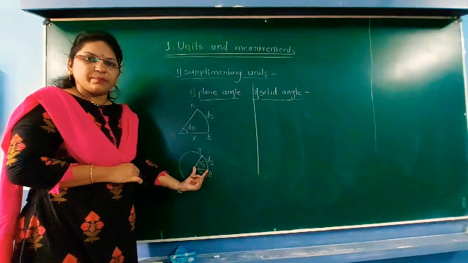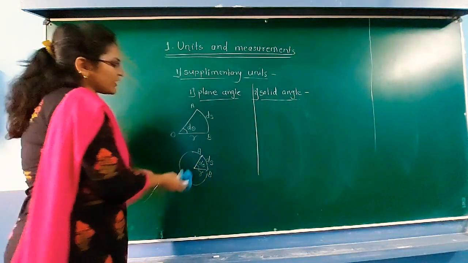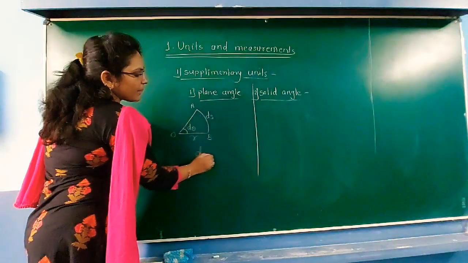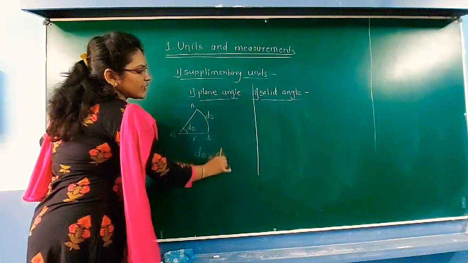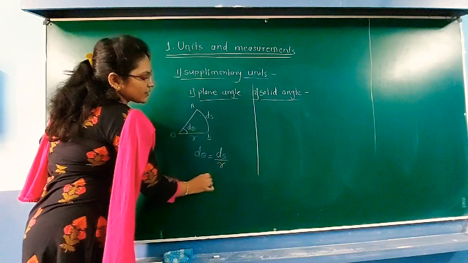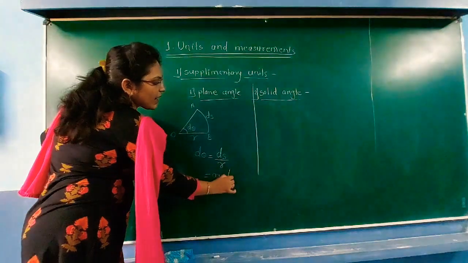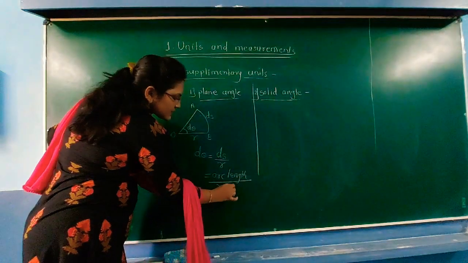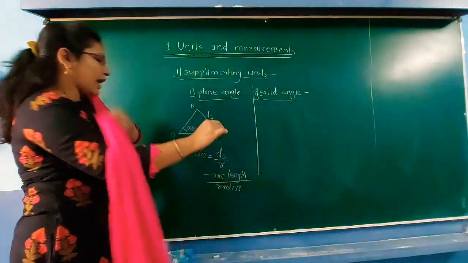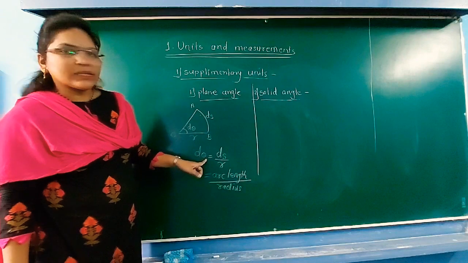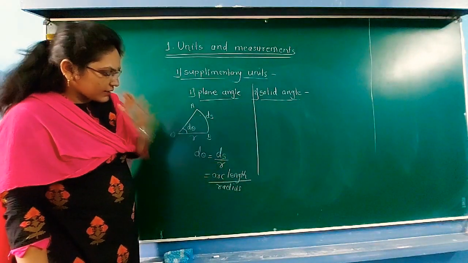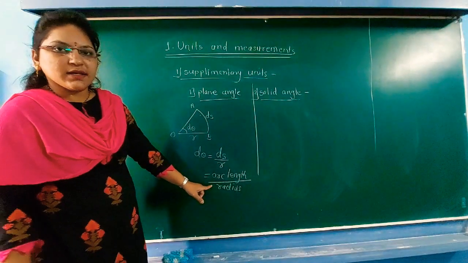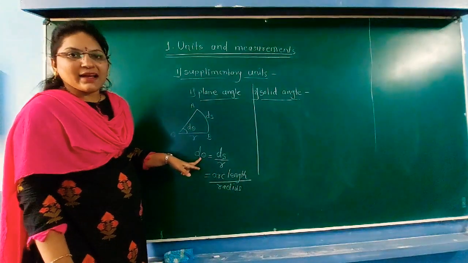Then we can find the plane angle d theta by the formula d theta equal to ds upon r, which is arc length upon radius. It is the plane angle.